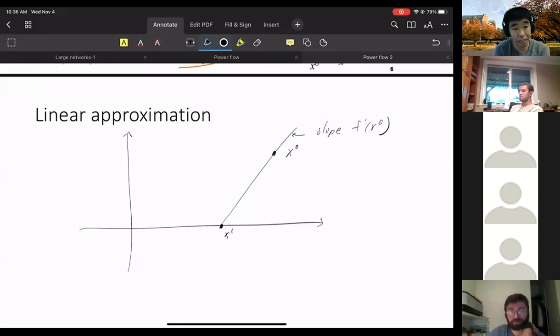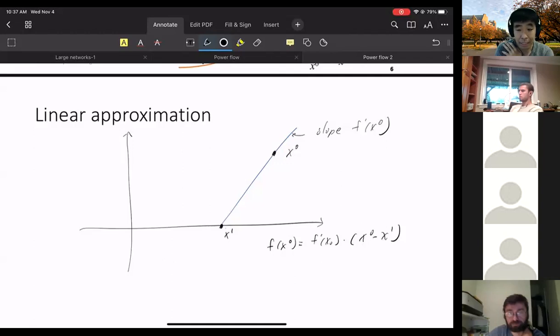So can we figure out the value of x1? X1 is a solution to a linear equation. Right, so how do we solve for x1? If you write this equation out, what we have is f of x0 is f prime of x0 multiplied by x0 minus x1. Right, so this is our basic equation of a line.